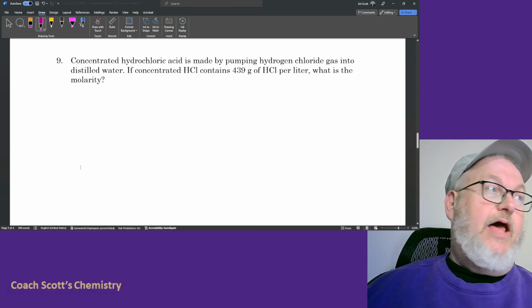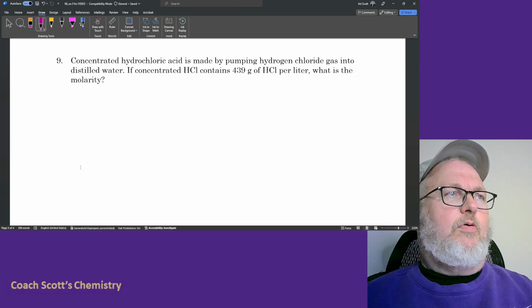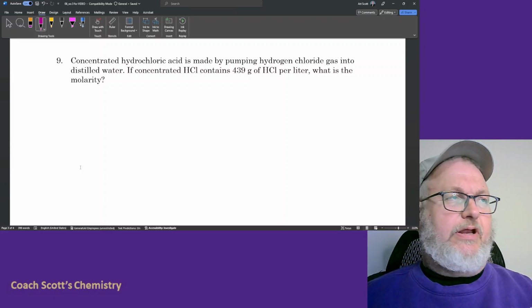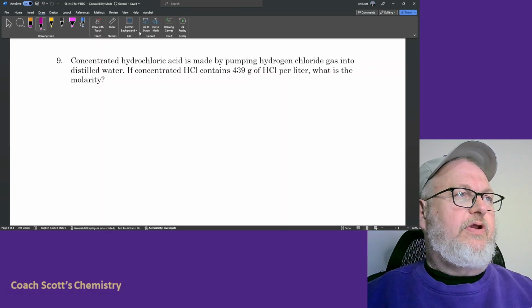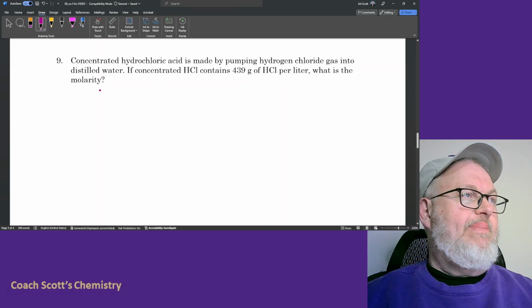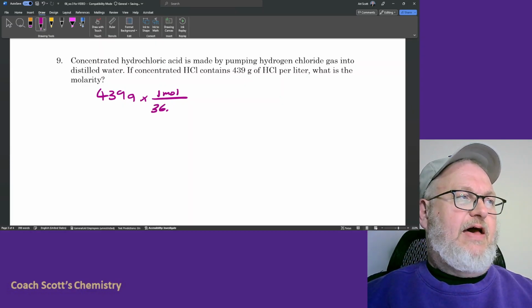So concentrated hydrochloric acid is made by pumping hydrogen chloride gas into distilled water. So if concentrated HCl contains 439 grams of HCl per liter, see that, 439 grams, let's see how many moles that is. 1 mole of HCl is 36.5 grams.